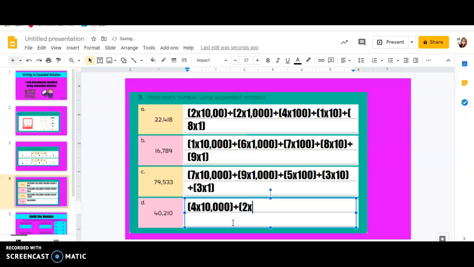So I have 2 times 100, close parentheses, plus 1 times 10. Oh, here's the thing. I forgot to start my parentheses. Make sure you put parentheses. And in my ones place, I have that 0, so I'm going to skip. So this one is shorter because I skipped the zeros, which you are allowed to do.